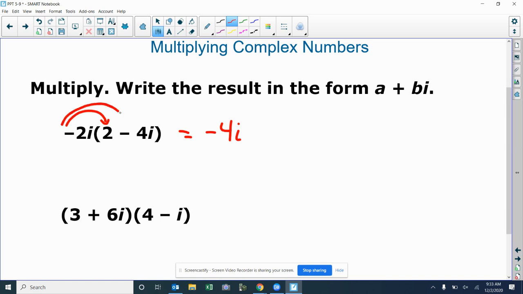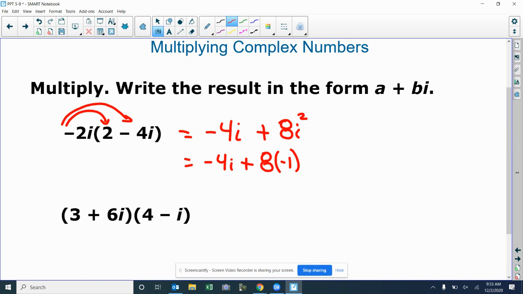Now I'm gonna have negative times negative, which will give me a positive. So I'm gonna get +8, but I have i times i, so I'm gonna end up with i squared. Now, what is i squared equal to? Of course, -1. So in fact, this is really -4i plus 8 times -1, isn't it?